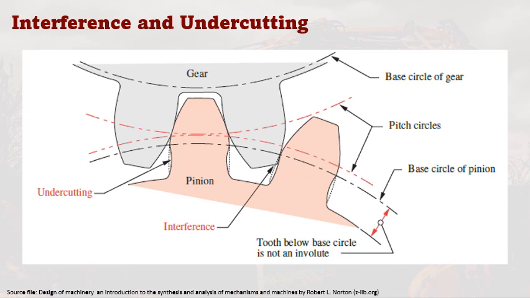If so, then the portion of tooth below the base circle will not be an involute and will interfere with the tip of the tooth on the mating gear, which is an involute. If the gear is cut with a standard gear shaper or a hob, the cutting tool will also interfere with the portion of tooth below the base circle and will cut away the interfering material. This results in an undercut tooth as shown here.